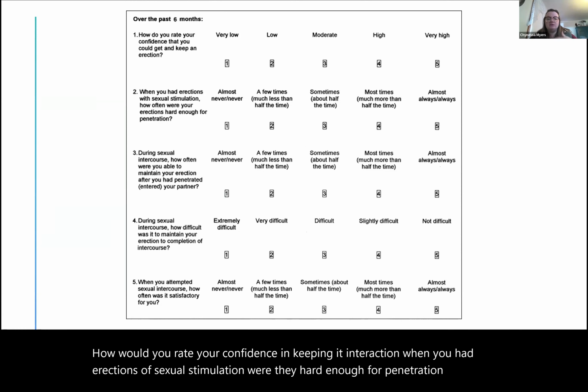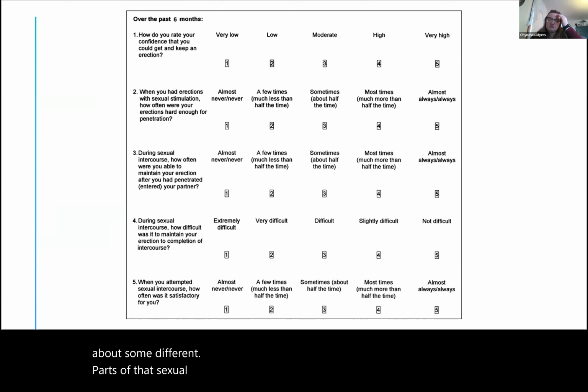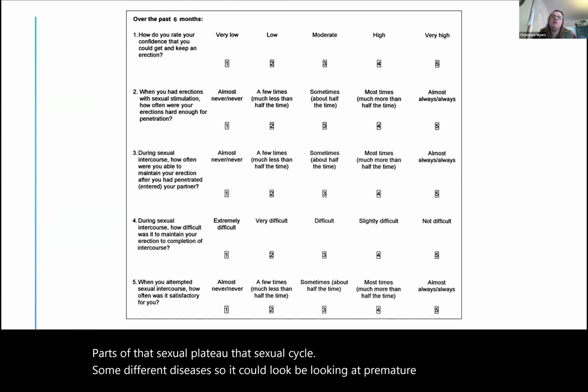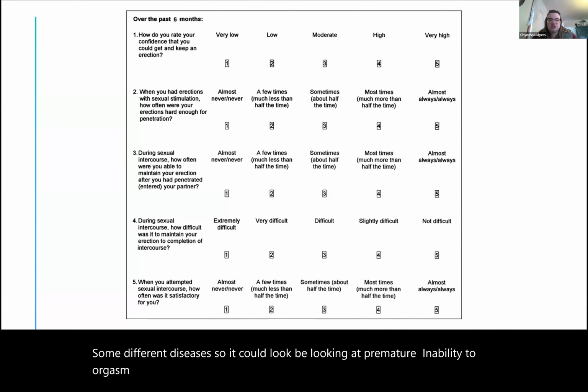During intercourse, were you able to maintain your erection? It's asking about different parts of the sexual cycle and different diseases. It could be looking at premature ejaculation, inability to orgasm, not just erectile dysfunction. Either way, this little questionnaire really helps us get a good kicking off point.